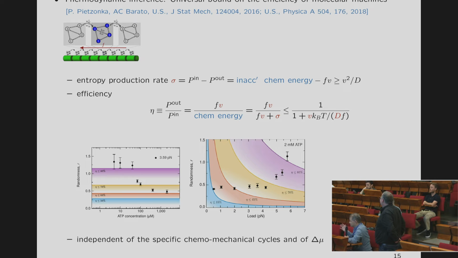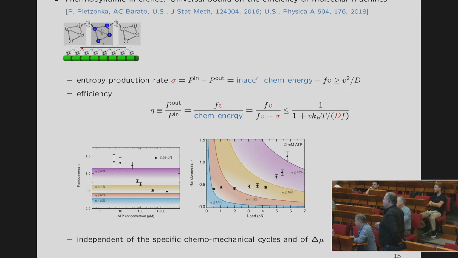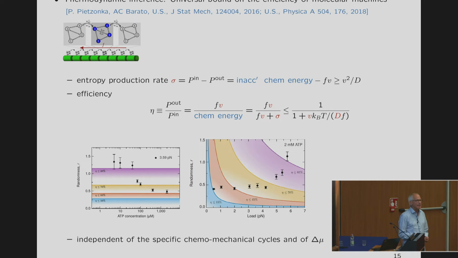You know this energy. If you know that for each step you use exactly 1 ATP, then it's a trivial calculation of the efficiency. It's force times distance divided by this 1 delta mu. My question, how it compares with the numbers that you are producing? I haven't done that. Okay. Somebody should do it. Perhaps, yeah. Thank you.